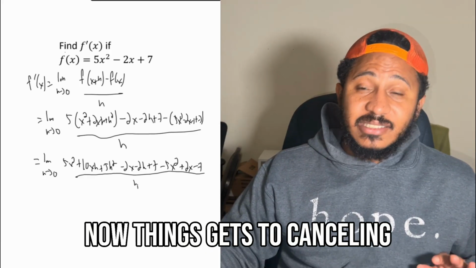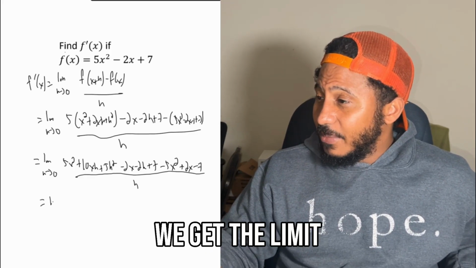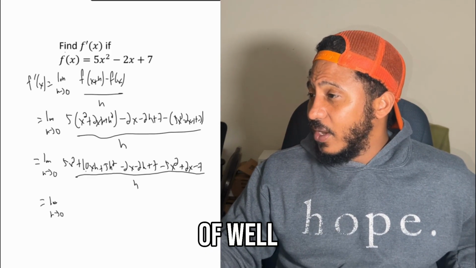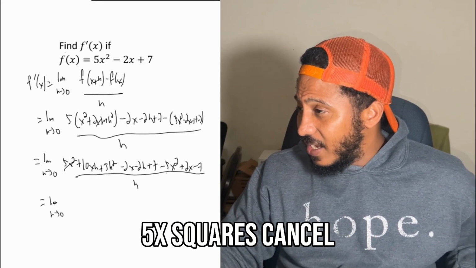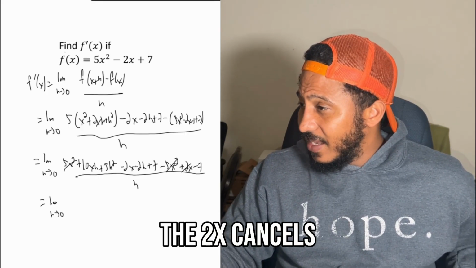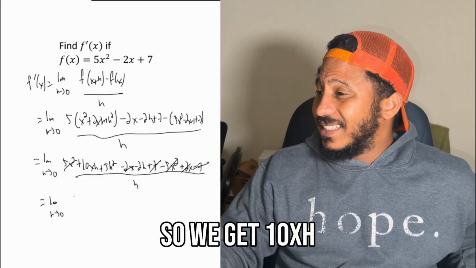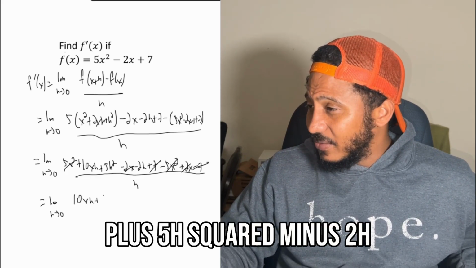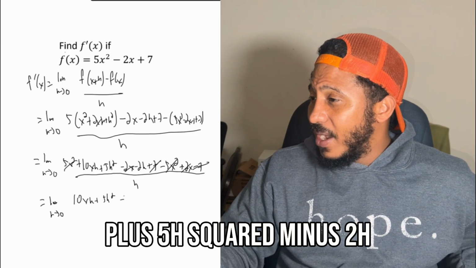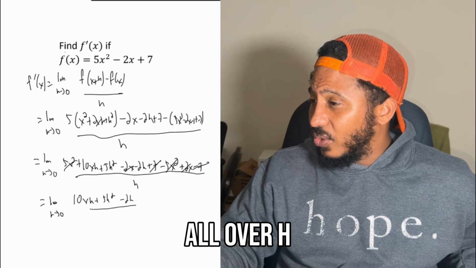Now things get to canceling, right? So we get the limit as h approaches 0 of, well, we notice that the 5x squareds cancel, the 2x cancels, the plus 7 minus 7 cancels. So we get 10xh plus 5h squared minus 2h all over h.